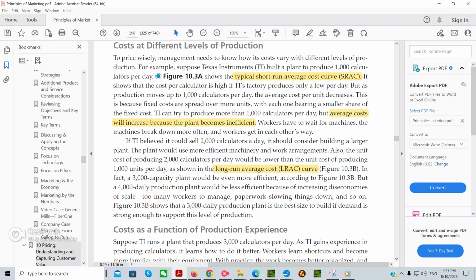Suppose I could buy 10,000 units at X price or 100,000 units at Y price. The one for 100,000 units at Y price gives me a better deal because it's cheaper per unit at 100,000 than it is at 10,000.